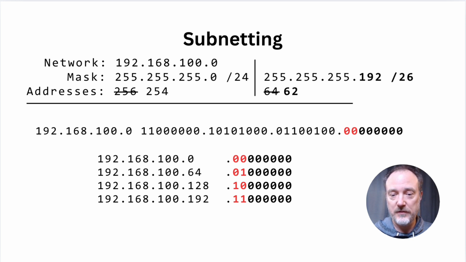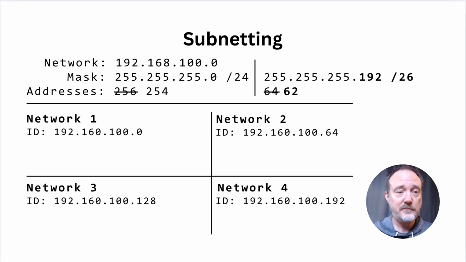Then 192.168.100.128/26. And then finally 192.168.100.192/26. So these are the network IDs for the 4 new networks. They all have a subnet mask of 255.255.255.192 or /26.